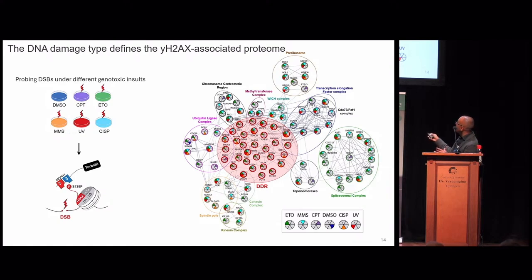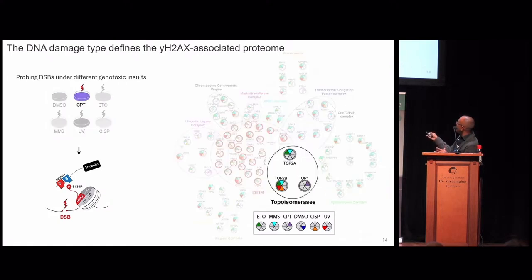You can see here that, for example, when we look at camptothecin, which is a drug that triggers a specific break via a specific mechanism by inhibiting topoisomerase 1, TOP1 is only identified in camptothecin conditions, whereas in other conditions we do not identify it. So that's the main idea of this project: to capture genotoxic-specific proteins that allow us to say, okay, if we treat the cells with UV, what are the complexes that we get and that we lose during the particular processes.